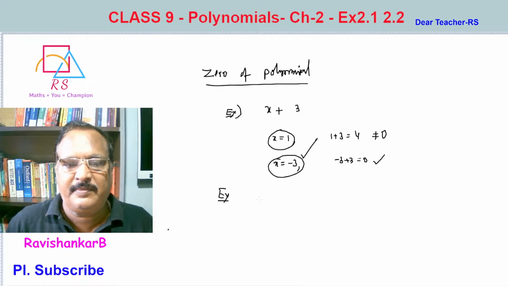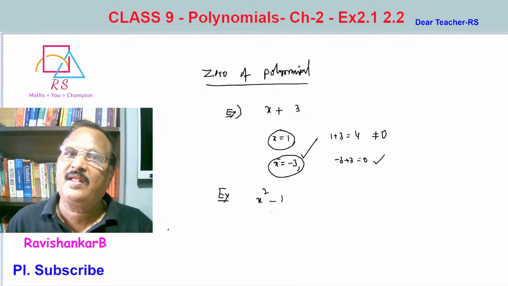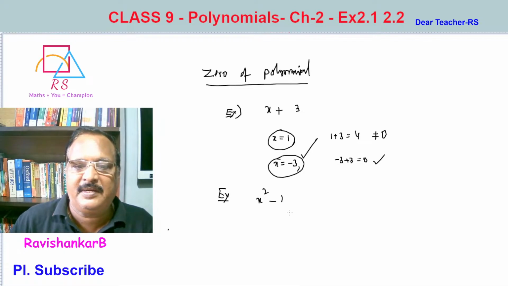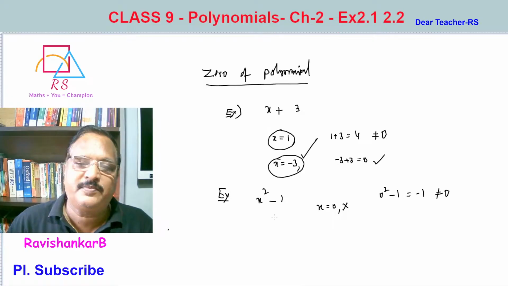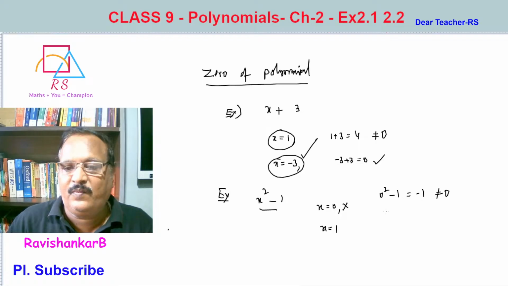Let me take one more example. A quadratic polynomial, x square minus 1. If you put x is equal to 0, then what happens? 0 square minus 1 is equal to minus 1, not equal to 0. Therefore, x is equal to 0 is not a 0 of this polynomial. Now take x is equal to 1, 1 square minus 1.